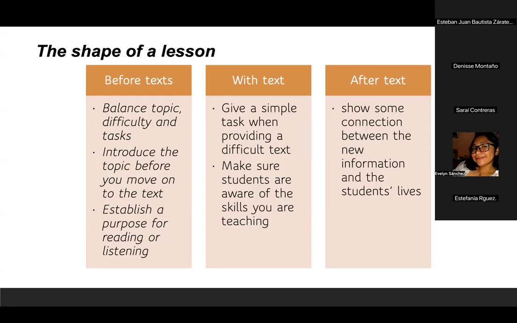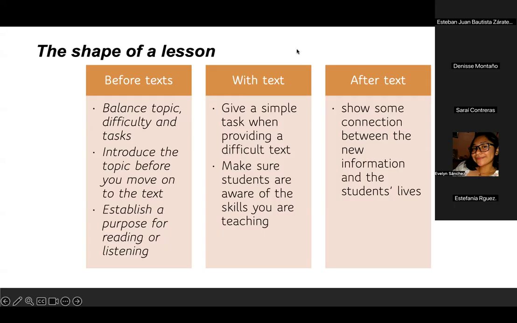And then obviously in this moment in the second part, in the with text, you are going to give like a theoretical explanation of scanning, what's the purpose of scanning, the advantages of doing scanning, and all that stuff. That's how you are going to make students aware of the skill and also the strategies you are teaching.